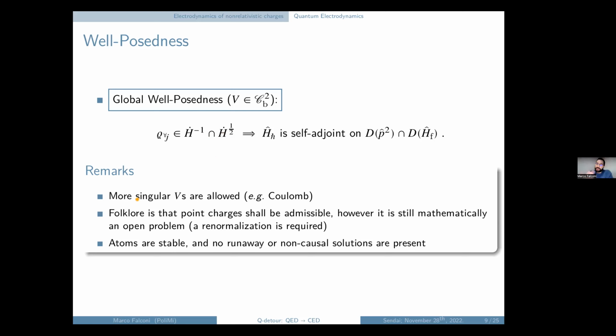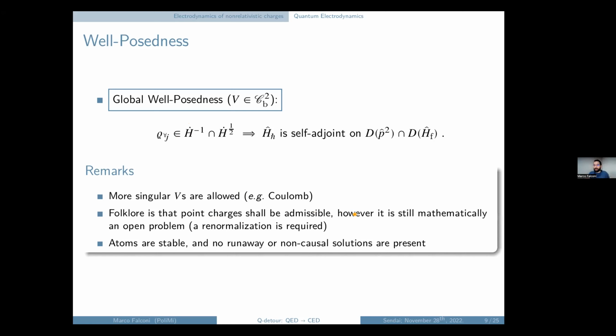Okay, so a comment partly related to this one by Max is that we still have some problems. It is folklore that point charges should be admissible, so we could take rhos to be deltas. Of course, they will not satisfy this regularity condition if they are delta distributions, but they should be admissible.